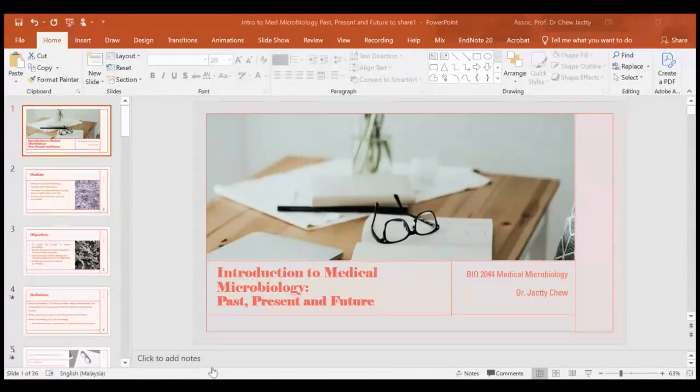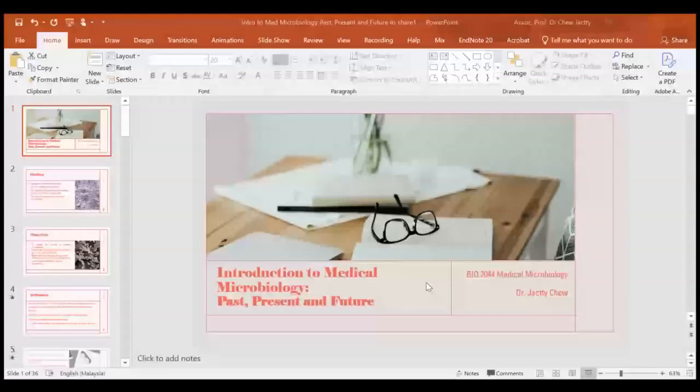Hang on. Stop sharing. I will turn off my camera so later on, if you look at the lectures, you will not be seeing my face blocking the slide. Okay, all good?